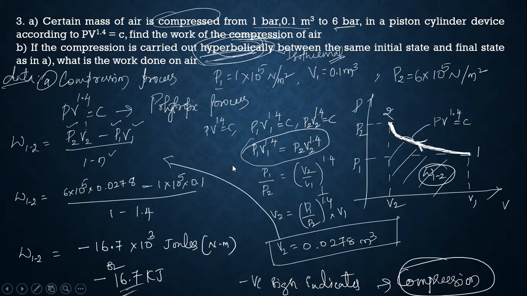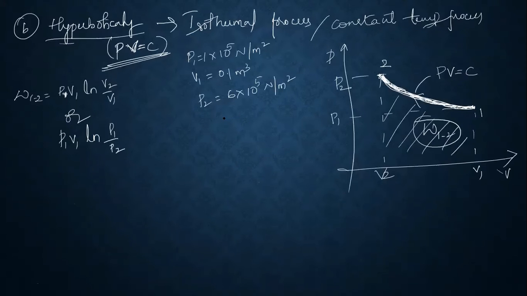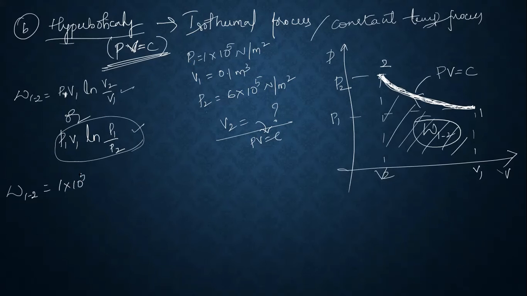Therefore, now we have to calculate V2 for PV is equal to C. But I can use either this expression 1 or this expression. If I look at the second expression, in terms of pressure ratio, P1 is known, V1 is known, P2 is known, so I can calculate using the second formula: P1, 1 into 10 to the power of 5, V1 that is 0.1, ln of P1, 1 into 10 to the power of 5, divided by 6 into 10 to the power of 5.